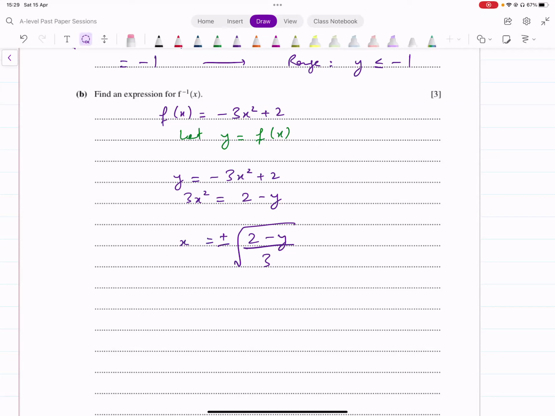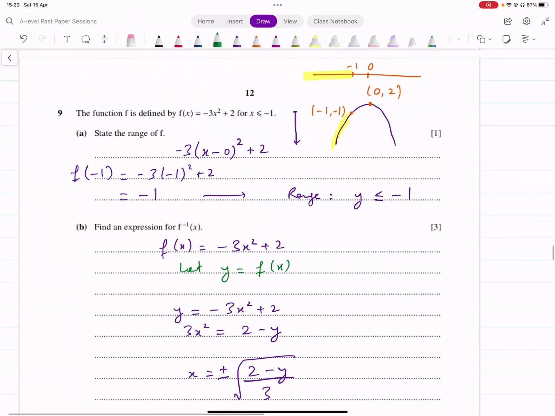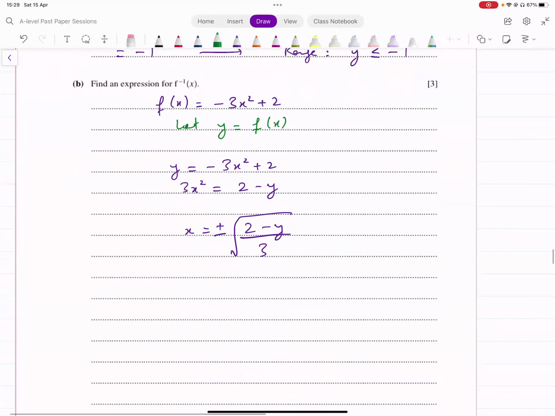Okay, अब आपको choose करना है plus और minus में से, आपको देखना है इनमें से कौन सा use करना है आपने. What's the domain that you're given? The domain that you're given is x less than or equal to -1. So this function is only valid when x is less than or equal to -1. अब -1 से कम value आपकी कैसे आएगी, उसके लिए ये positive होना पड़ेगा, ये plus लगाना पड़ेगा यहाँ पे, या minus लगाना पड़ेगा.